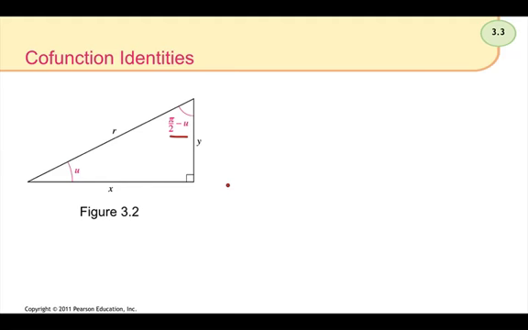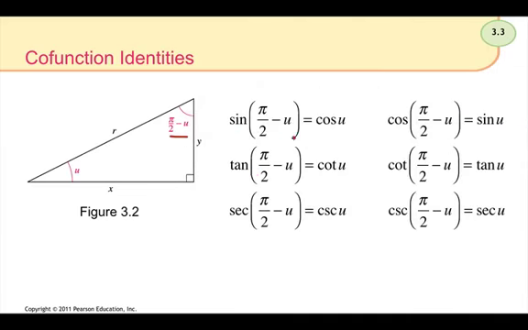So now that we know that, let's look at this. These are the cofunction identities. I'm just going to go over this one, and then in class I can clarify the other ones if you like. So I am going to be looking at cosine of u. If I'm looking at cosine of u, I'm looking at the triangle from this reference angle. And the definition of cosine is adjacent over hypotenuse. That's why I have x over r.